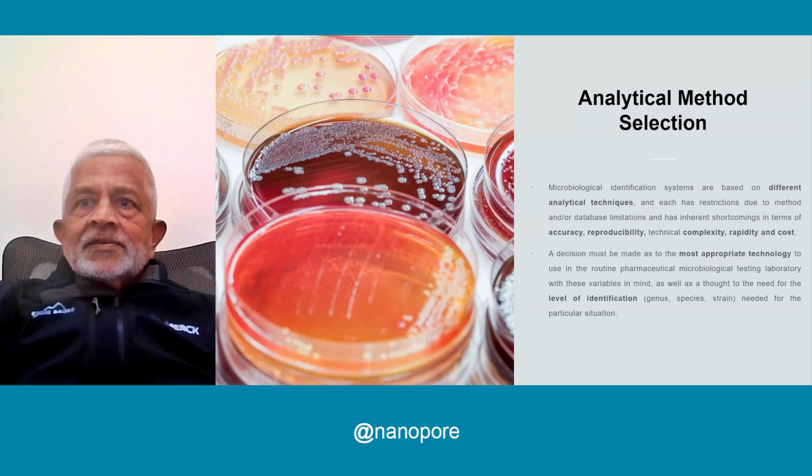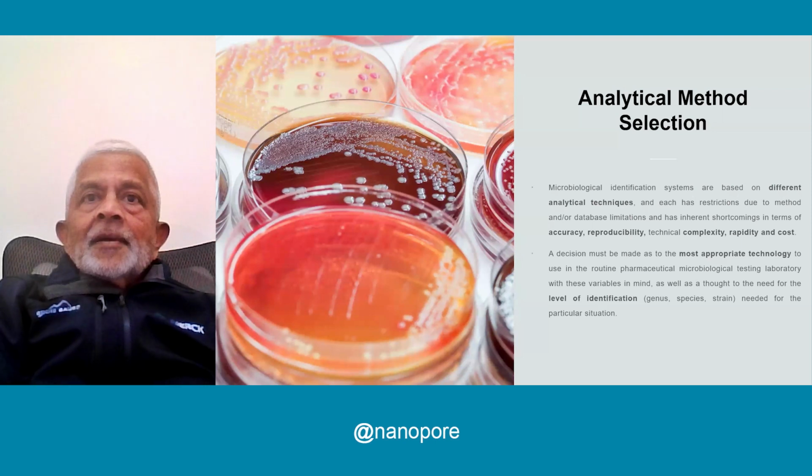In some instances, it may be necessary to identify to the strain level, whereas in certain other cases, a broad level identification to the genus level may be sufficient. So with these variables in mind, you will have to use the appropriate microbial identification system.